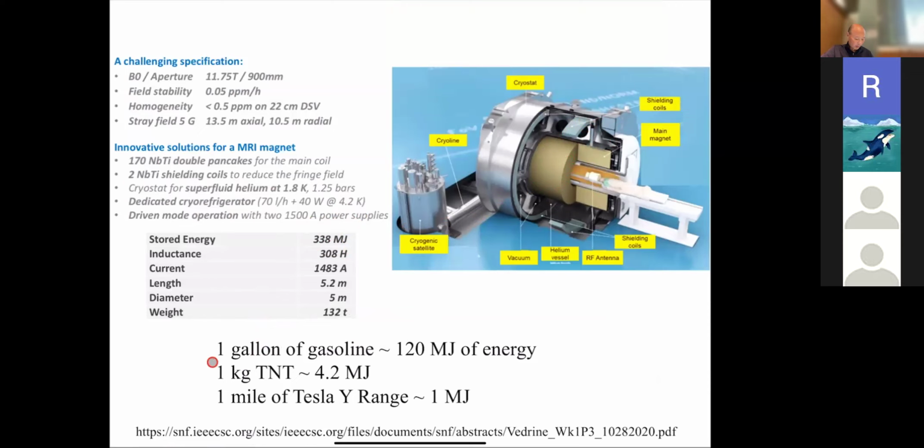Or a lot of kilograms of TNT, or you could drive a Tesla for about 338 miles on that much energy. Okay. So it's not out of the realm of reasoning, but if you were to release that energy very quickly, it would just blow things up, right? If you use it over time, then it's comparable to driving around for a few hours on that much energy.